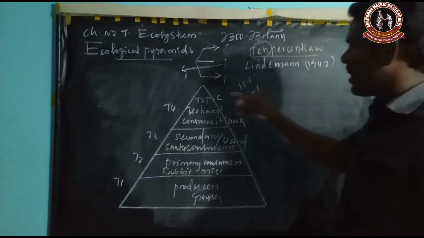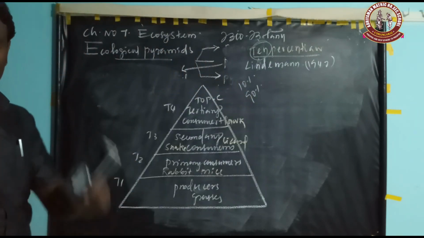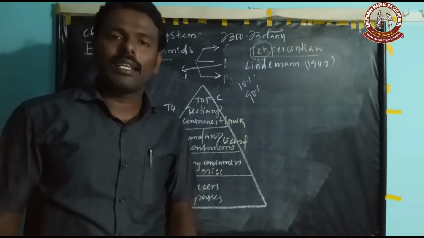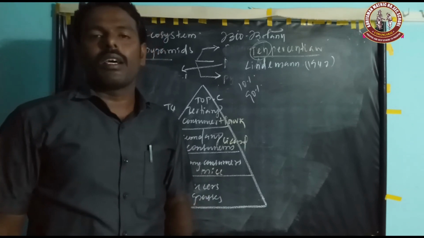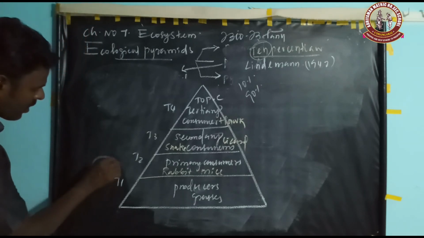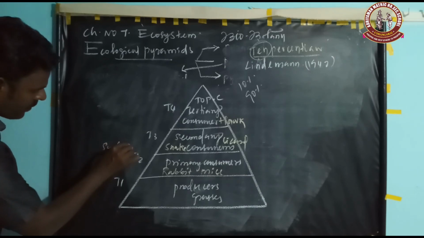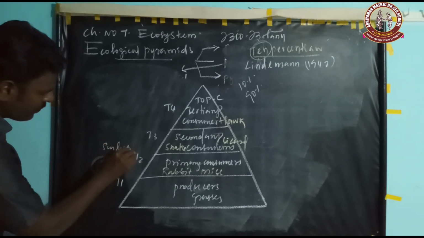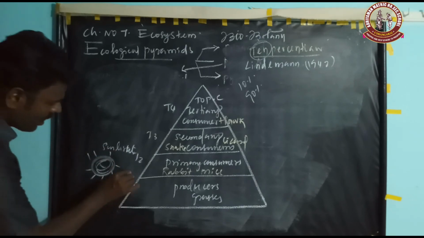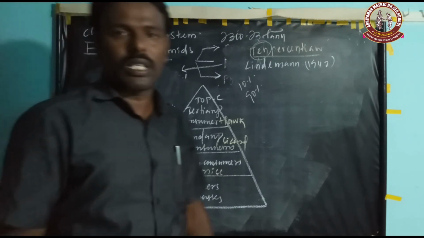So in the pyramid of energy, every trophic level only utilizes 10% of energy. The remaining 90% energy is lost to the environment. For example, they show the sunlight. The sunlight falls on the producer at 1000 joules.